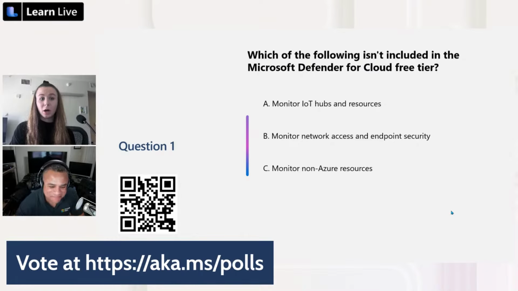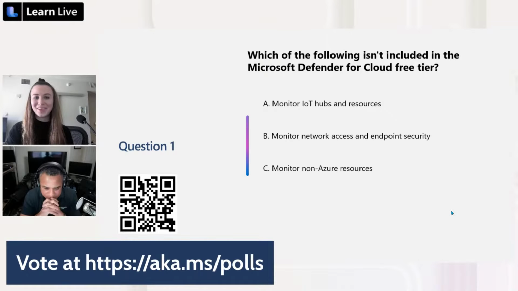C, monitor non-Azure resources. You can vote using the QR code or aka.ms/polls, just aka.ms/polls is good enough. So you can go ahead and vote. We'll be monitoring the results, seeing who's voting, seeing who's getting it wrong. I see some coming in now.